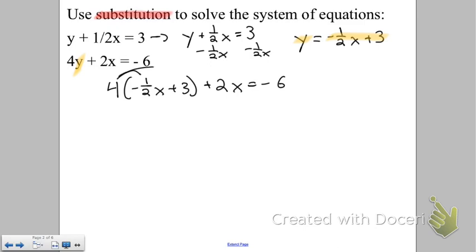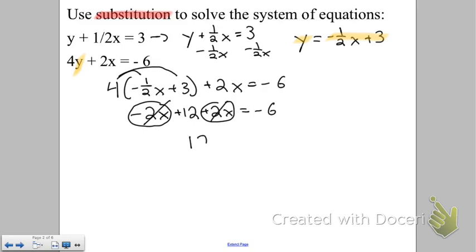I can distribute, and I have negative 2x plus 12 plus 2x equals negative 6. Negative 2x and positive 2x cancel out, so I have 12 equals negative 6. Since these are not equal to each other, there is no solution that would make this system of equations true.